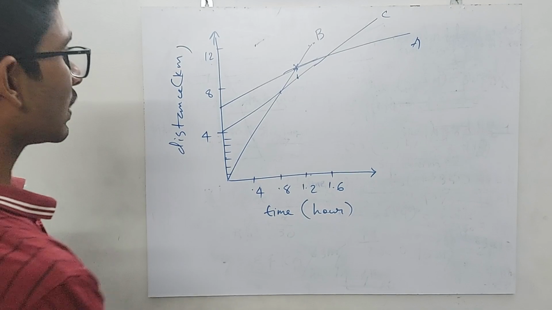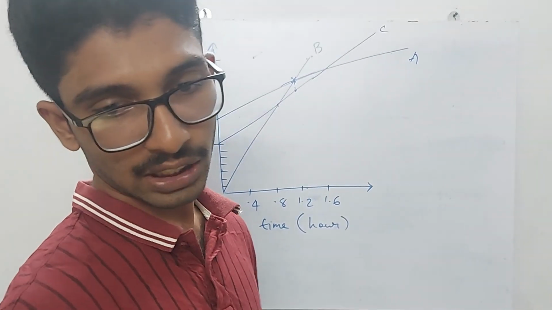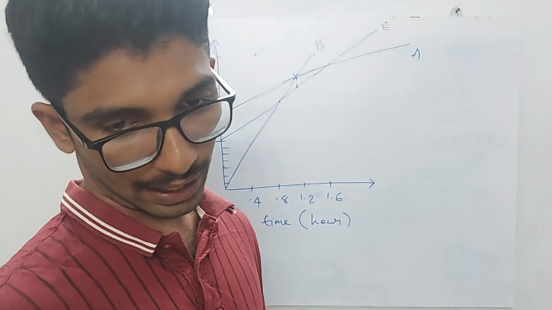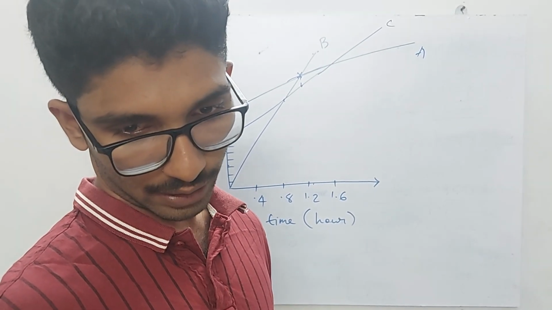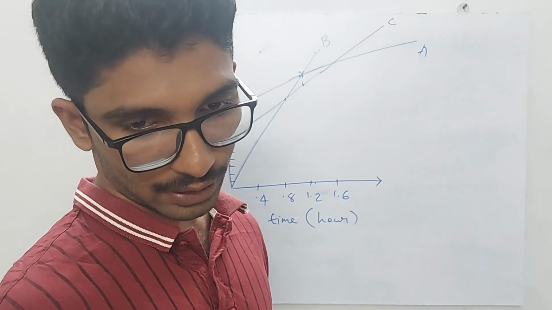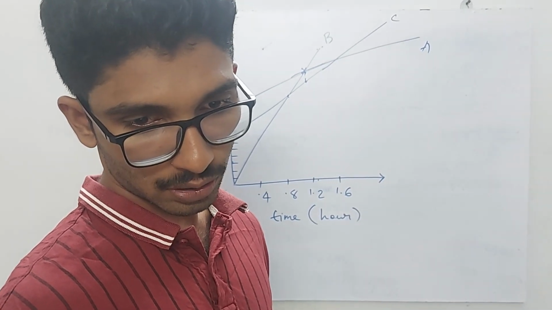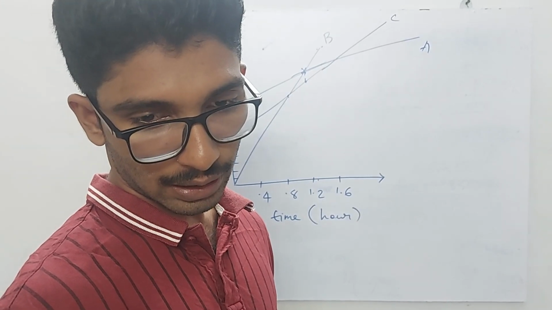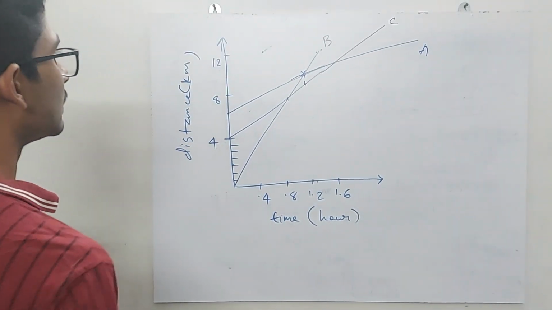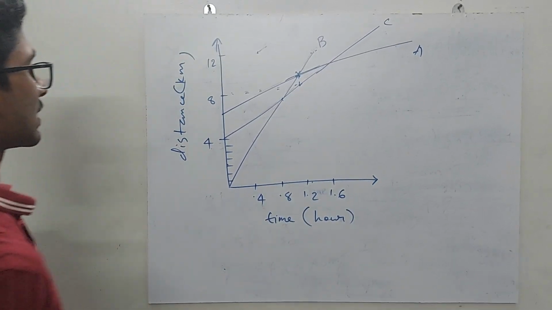This is where C is at that time. So we need to calculate what is the distance covered by C at this particular point, isn't it? How far has C traveled when B passes A? From that you can see that it is almost at 8 kilometers. This graph is not very good, but it almost comes parallel to 8 kilometers.